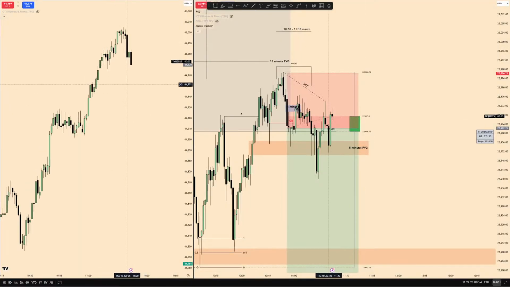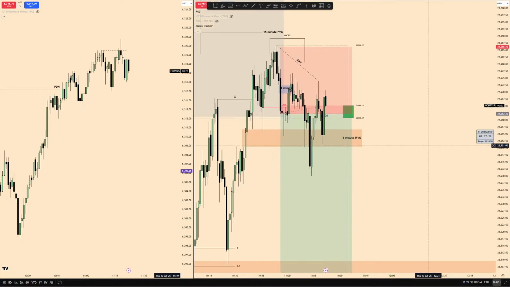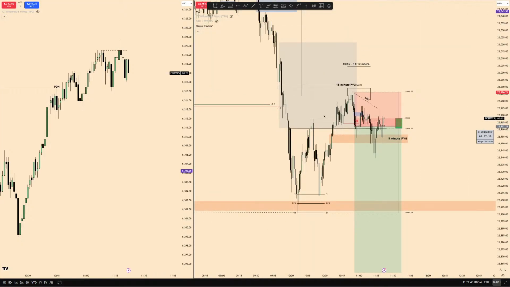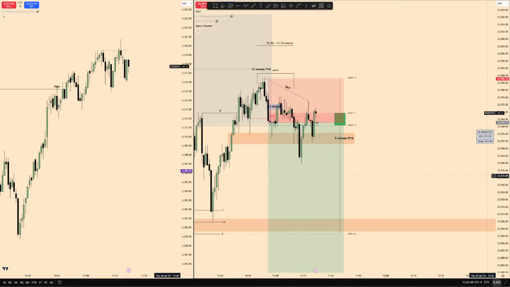Look, YM's dumping now. NQ was going down the entire time while YM was going up, but as soon as YM goes down, NQ goes up. What is happening? My faith in NQ going down is completely zero right now. I bet on it going sideways.